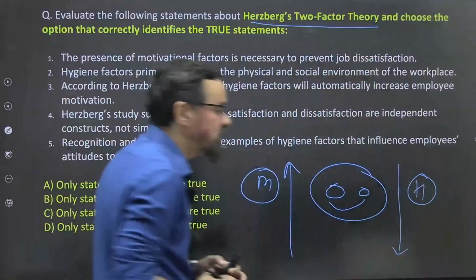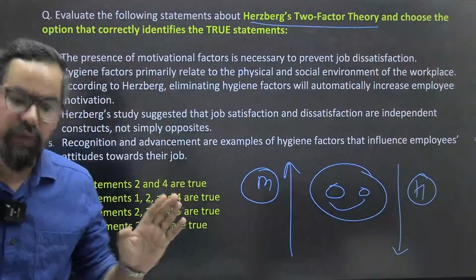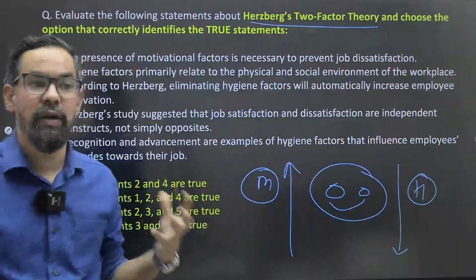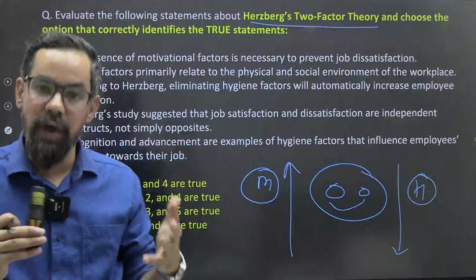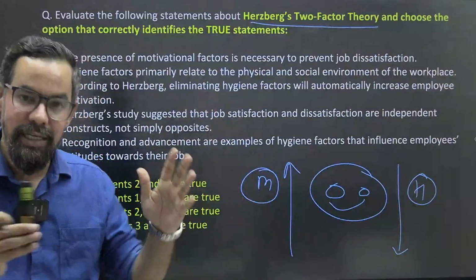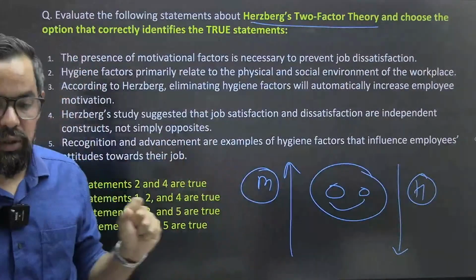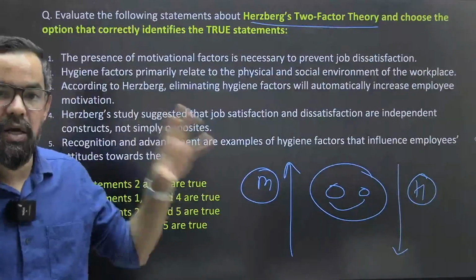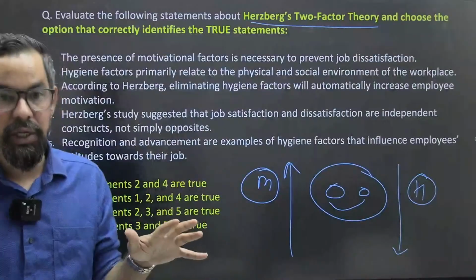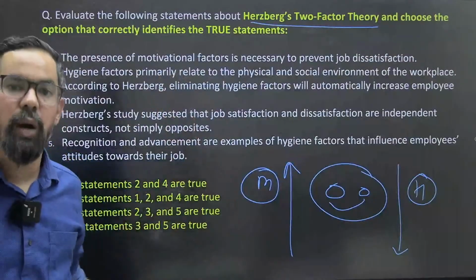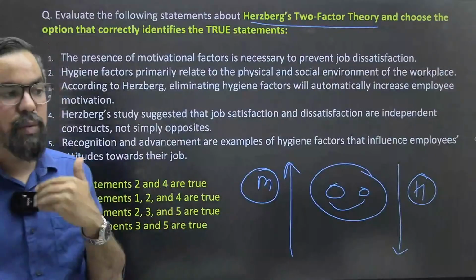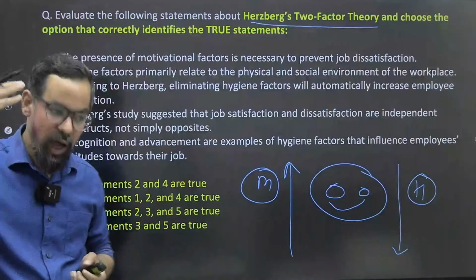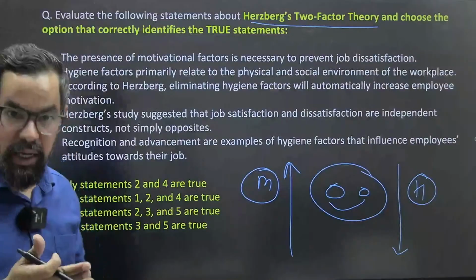Hygiene factors do not have any direct relation with motivation. Hygiene factors include fair salary and company policies. Salary, whatever a person should get, let's say a PO salary is 70,000, it should be universal. It should not be that one gets 70,000, one gets 1 lakh, and one gets 10,000. If people are getting 70,000, the point is that I'm working as a PO, contributing that much work to the organization, that's why I'm getting this.